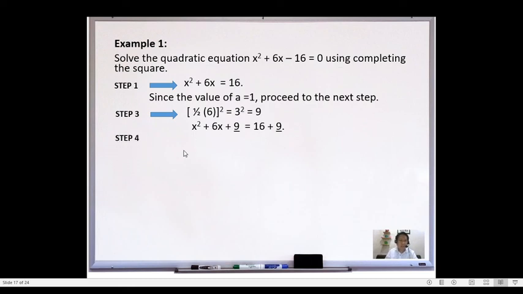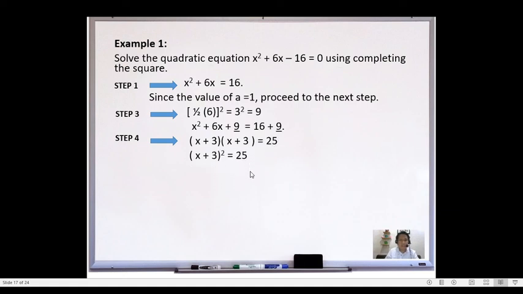So for step number 4, since this is already a perfect square trinomial, the factors are x plus 3 and x plus 3. And simplify 16 plus 9, this will give us 25.